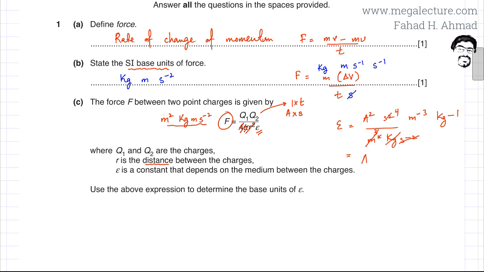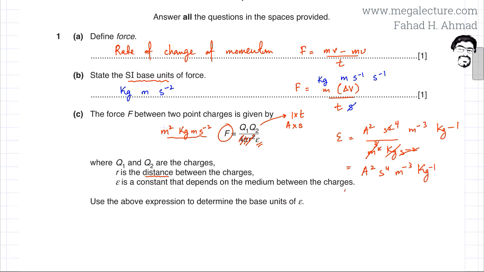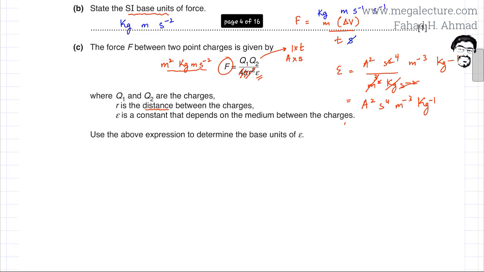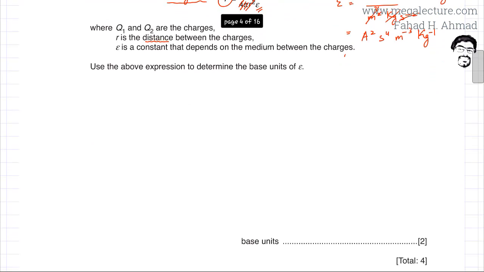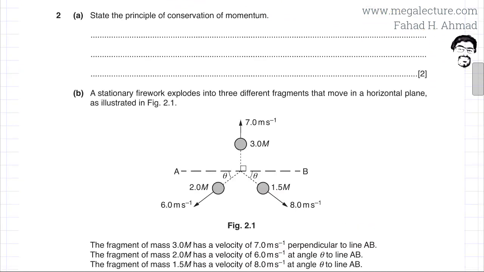It's going to be ampere squared, second to the power 4, meter to the power minus 3, and kg to the power minus 1. So I have to write down the base unit now, in the place where they asked me to write it: amperes squared, s to the power 4, m to the power minus 3, and kg to the power minus 1.